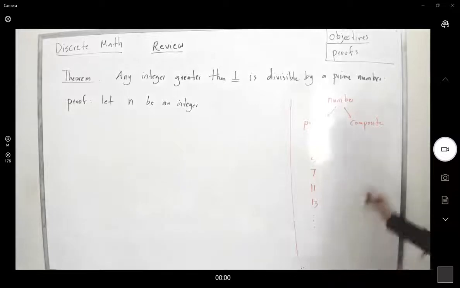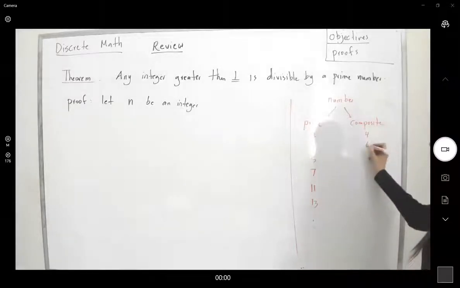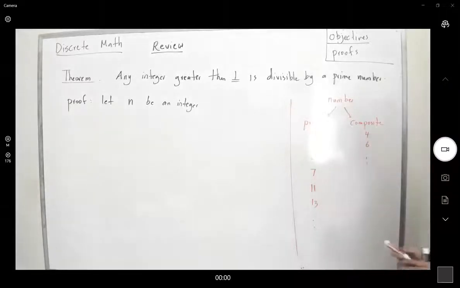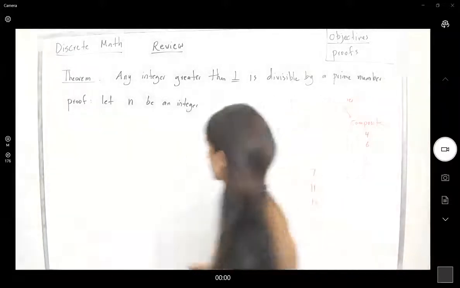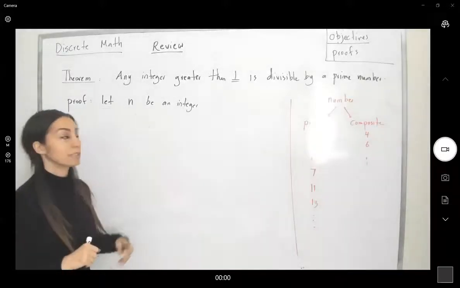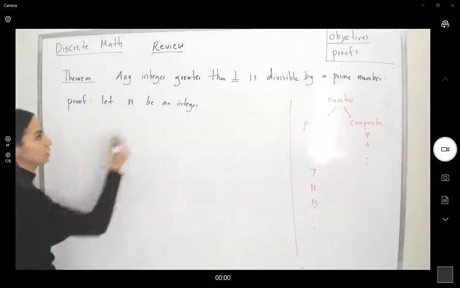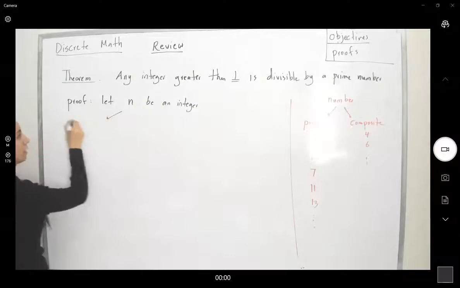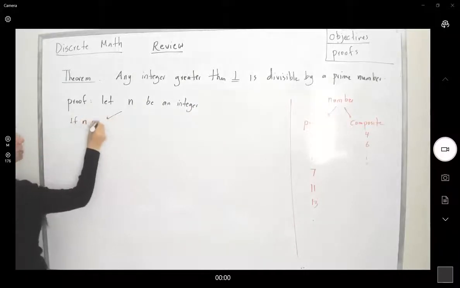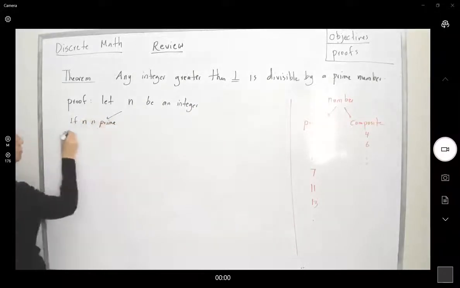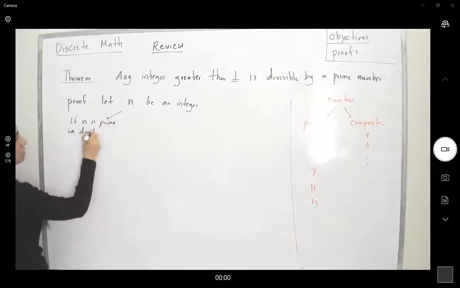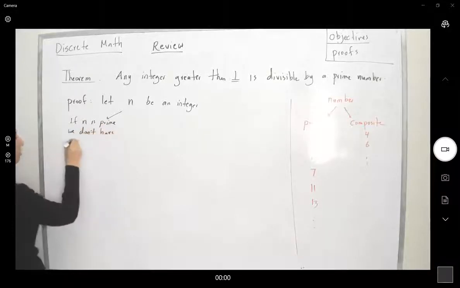It can be prime or it can be composite, like 4, 6, the rest of the composite numbers. So you're randomly selecting an integer. You have two options. The first option is if n is prime, we don't have anything to prove.